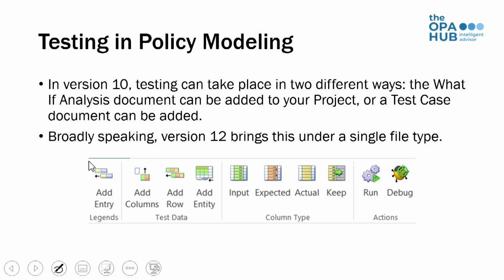Opening an Excel test case in policy modeling, we'll see a different toolbar than we're used to, because the functionality of a test case is designed solely to let us build scenarios and execute those scenarios. If you're coming from version 10, you will have seen that in version 10 there were actually 2 kinds of test-related files. Broadly speaking, we've brought all of that under one roof in version 12.